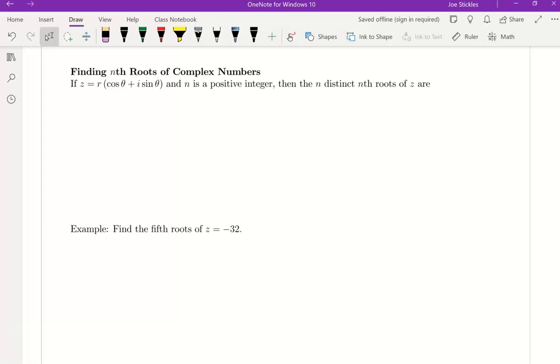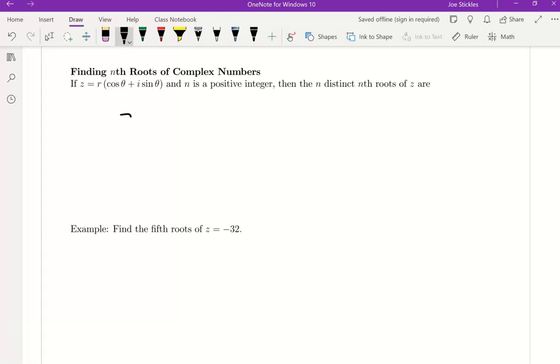Now, hopefully it's obvious, taking a power and taking a root are the inverses of each other. So if I want to take the root of a complex number, rather than multiplying by the power, I want to divide by it, right? Now it turns out, when we do that, we have several different roots that we can get.